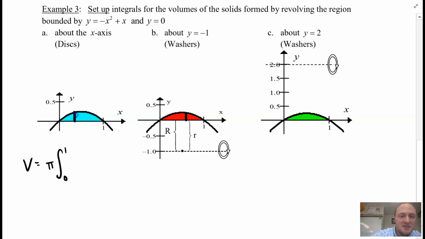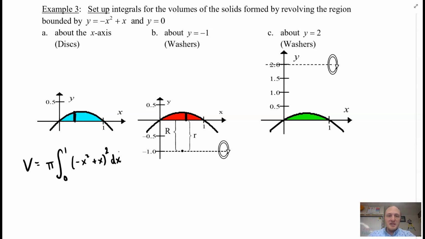Now our radius, this distance from our axis of revolution to this point here, is going to be our function. So negative x squared plus x, squared. So pi r squared, and this is dx. Okay, so there's our first example.